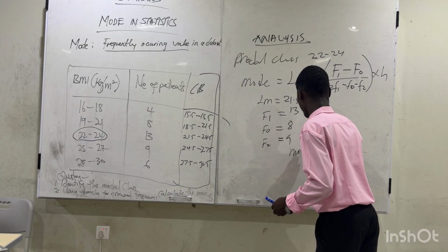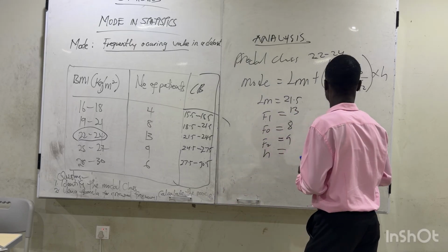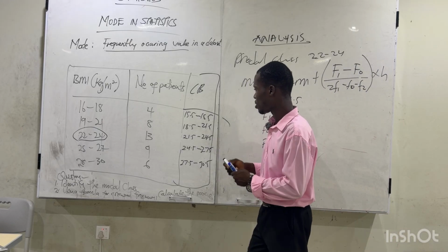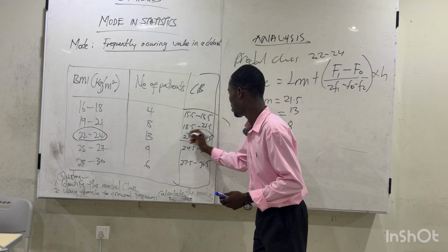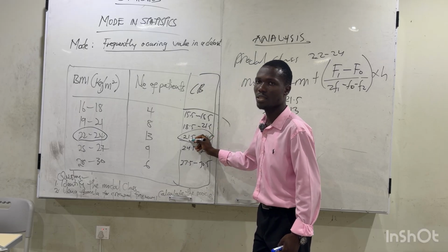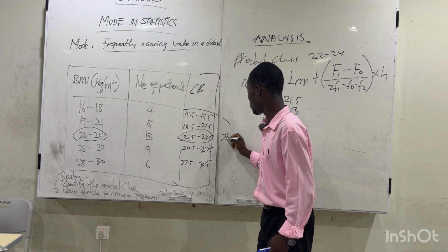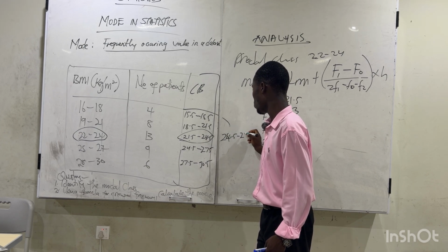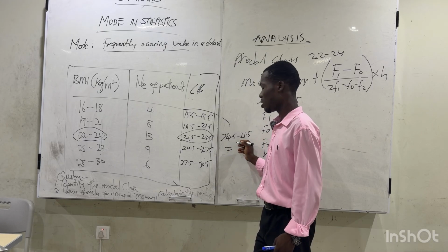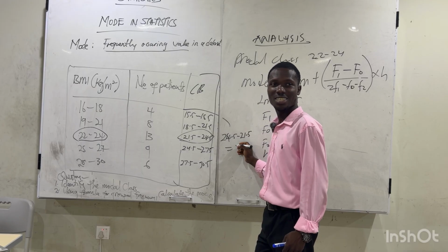Now the h is the class width, or the class size. To calculate it, we just subtract this from this: 24.5 minus 21.5, and that's going to give us 3.